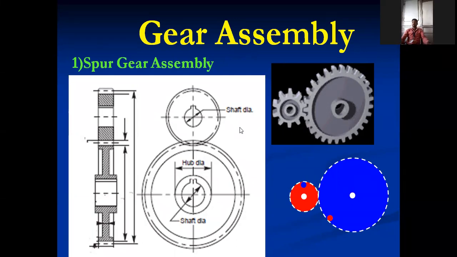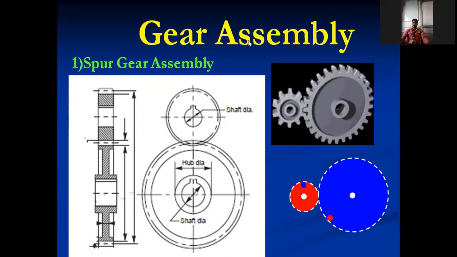If the pitch circles remain away from each other, then what will happen? Power will not transfer. On the other hand, if the pitch circles intersect each other, what will happen?